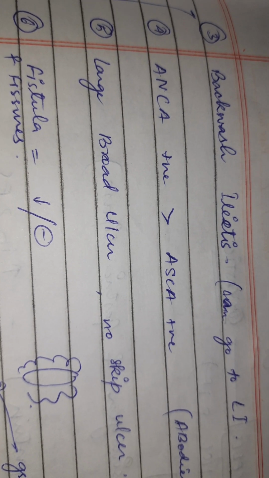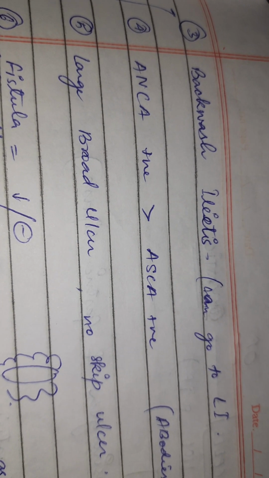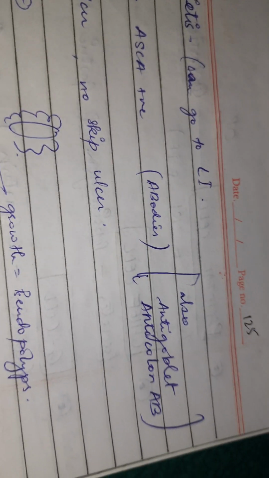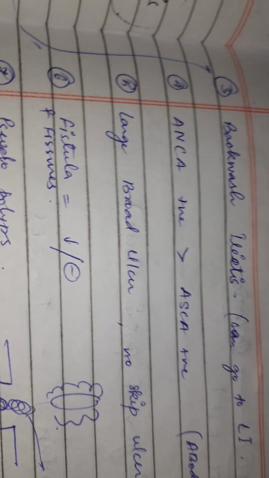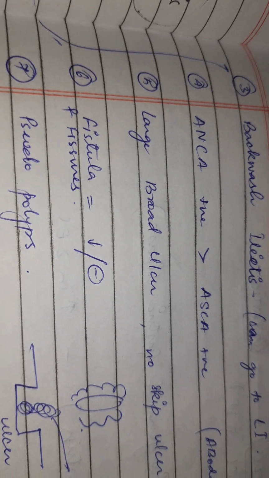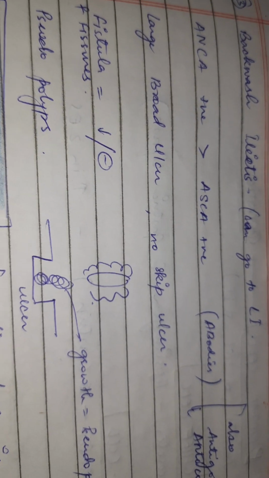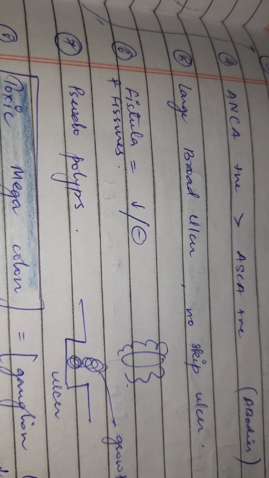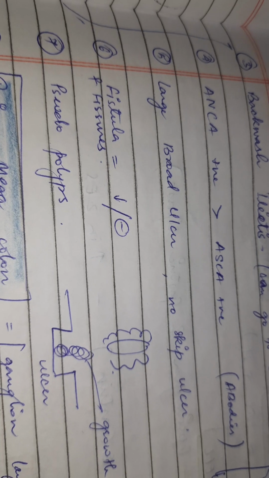Then pANCA is more positive than ASCA here, whereas ASCA was more positive in Crohn's. Anti-goblet cell and anticolon antibodies are also present, but pANCA is the more positive antibody. Here a large broad ulcer, no skip lesions. Fistulas and fissures are less or not present.